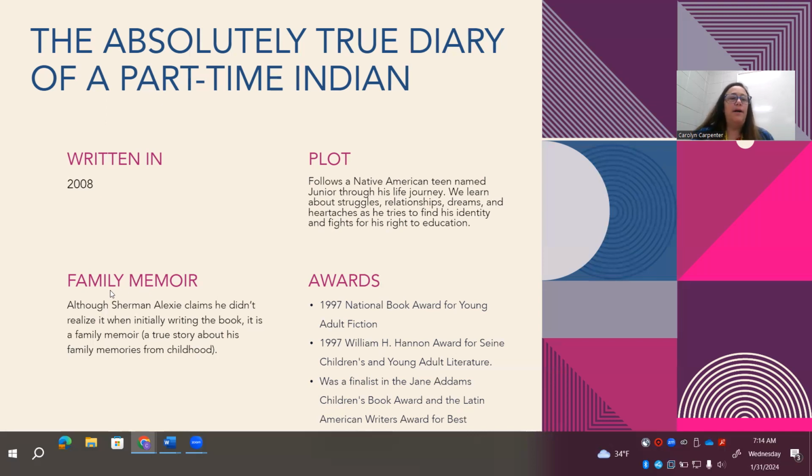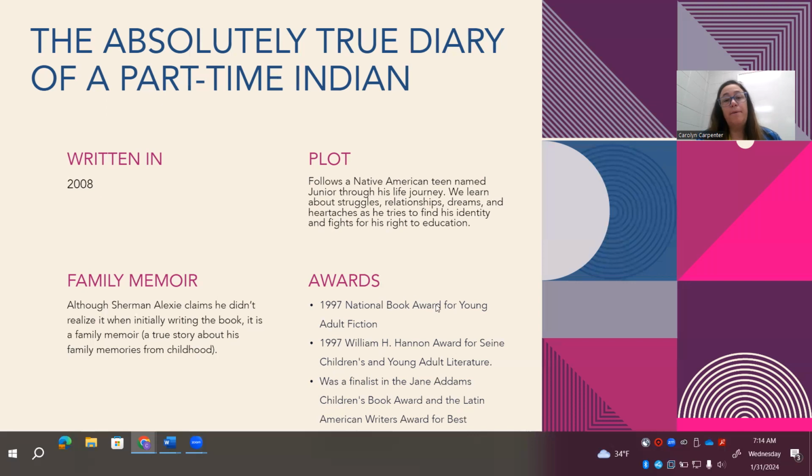The internet classifies this book as a family memoir. A family memoir is like memories that you have of your family, usually from when you were young. So in other words, this is a true story about Sherman Alexie and his family from when he was younger.